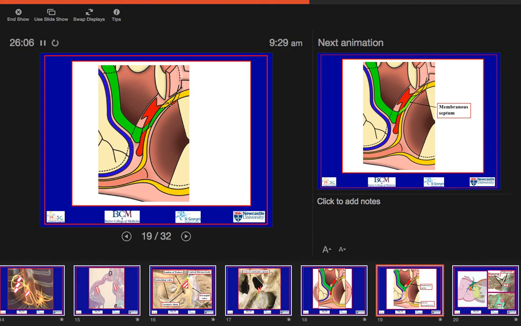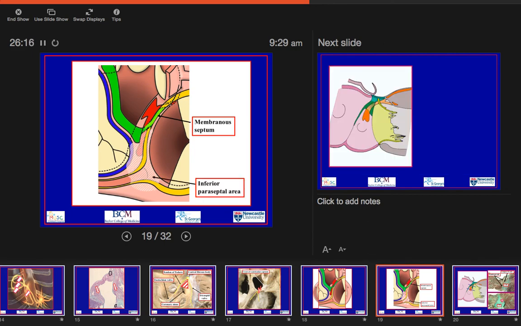So, the landmarks of the triangle of Koch: at its apex we have the membranous septum, the conduction axis penetrates through that, and this is the inferior paraseptal area. And this is how we should describe it attitudinally.